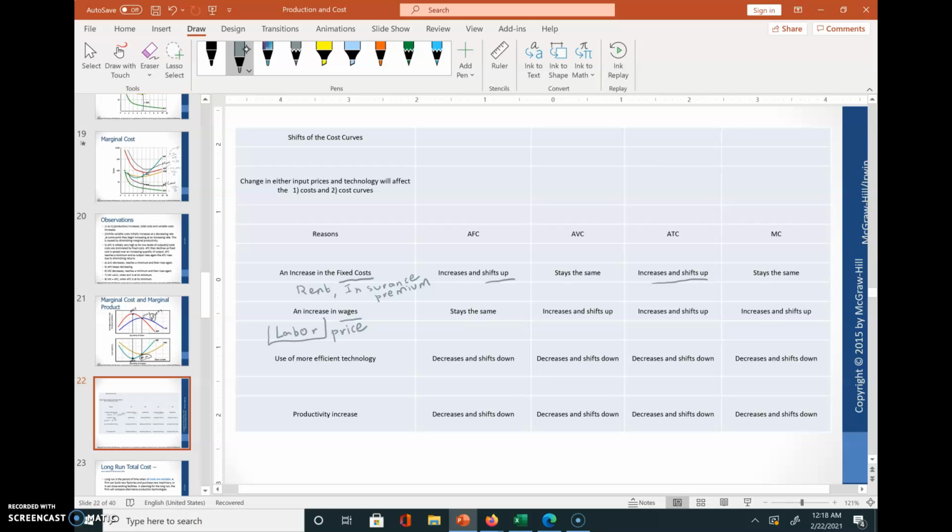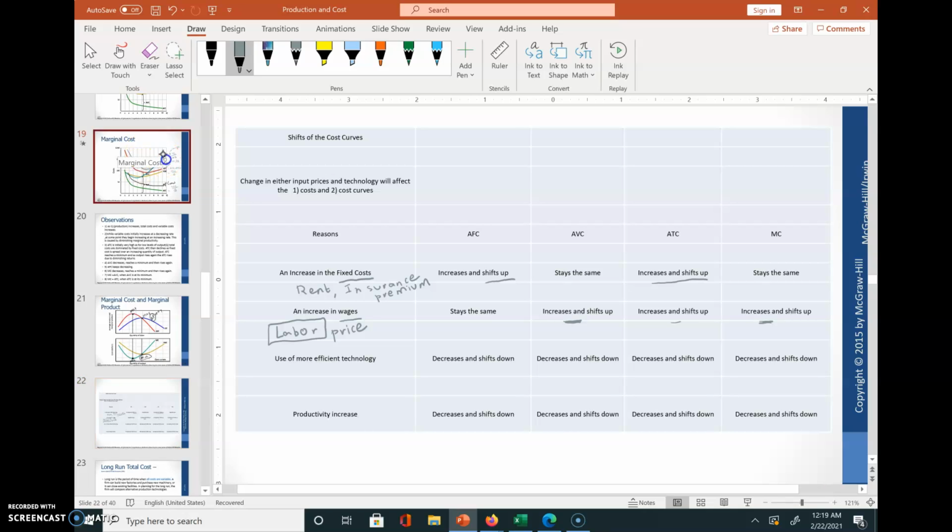The quantity of labor hired can increase or decrease. If there is an increase in wages, because this is a variable factor of production, the average variable cost shifts up. So thus, average total cost and marginal cost also shift up. However, the average fixed cost curve will stay the same.